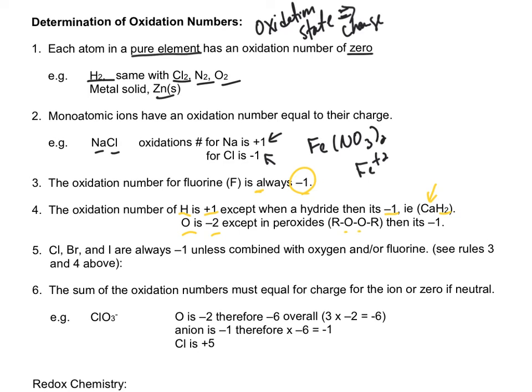You're not going to see that very often though. And then that oxidation state would be -1. Okay. Cl, Br, and I are -1 unless they're combined with oxygen and/or fluorine. So they're kind of like fluorine up here, just a little bit different.